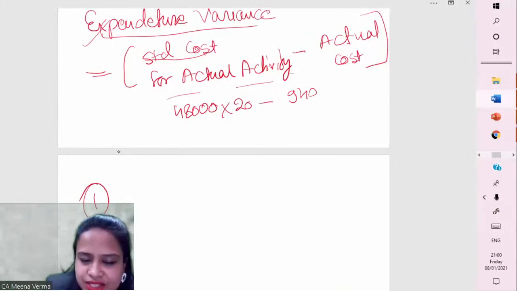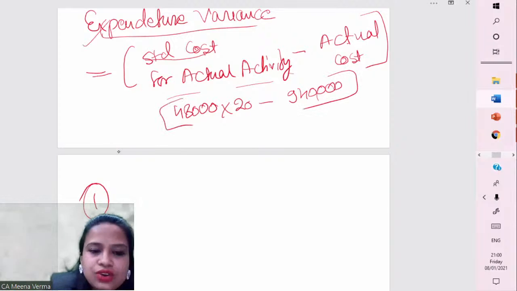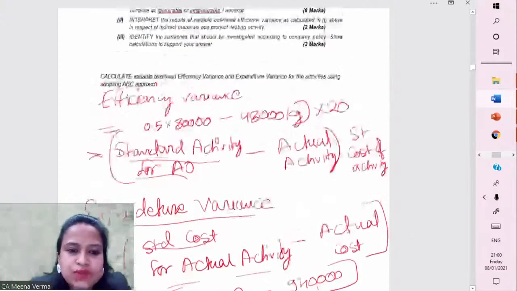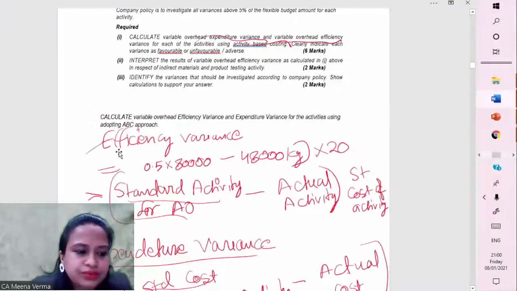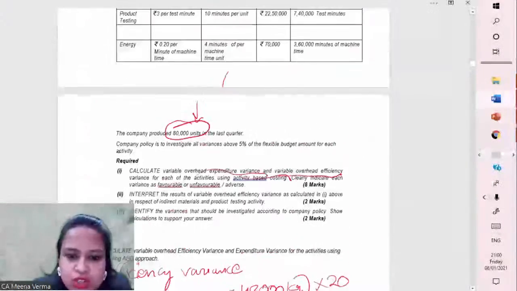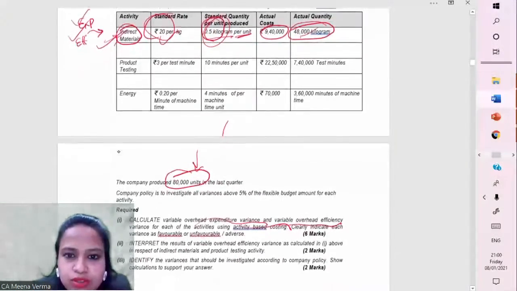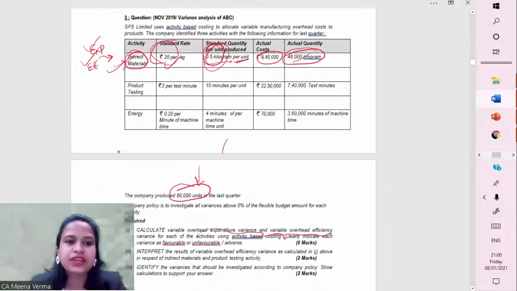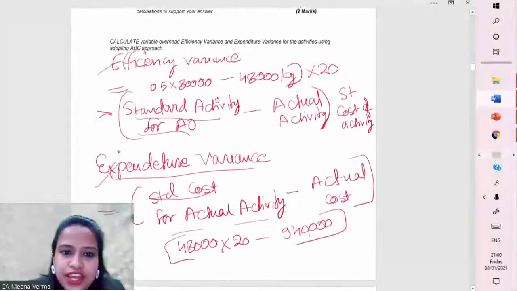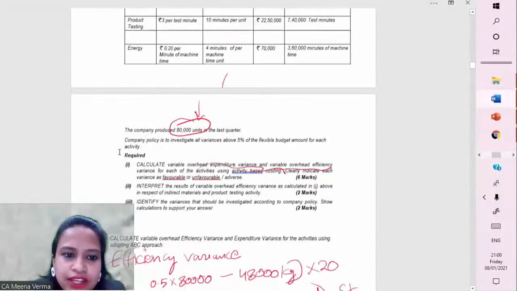See how easy it is. So this way you will get the expenditure variance for material. I hope it is clear. You want to go slow? I can wait, I have no problem. This way I have calculated the expenditure and efficiency variance for indirect material.